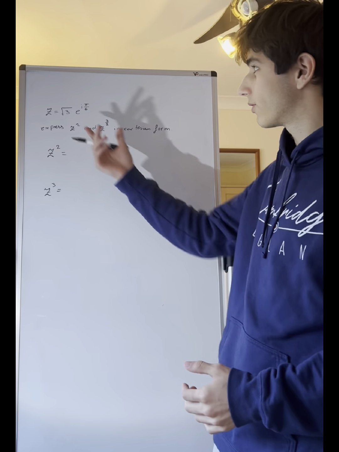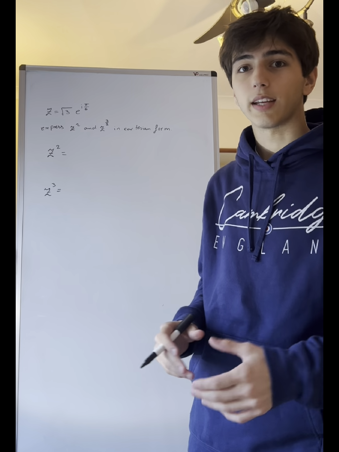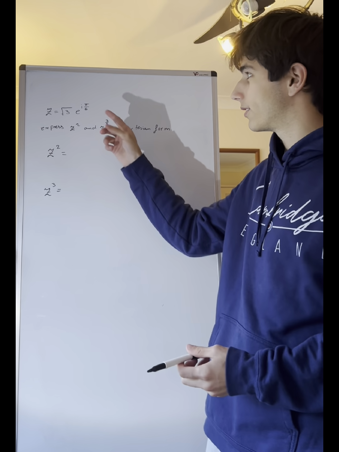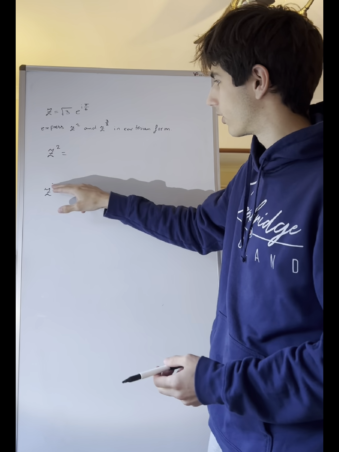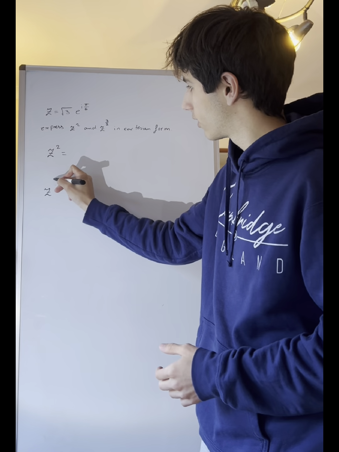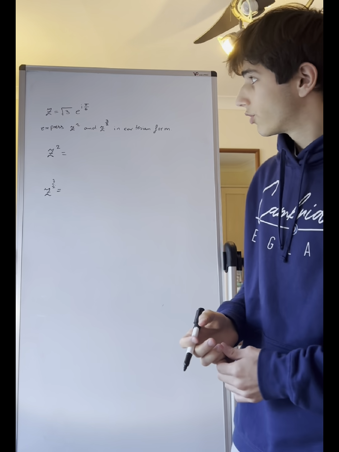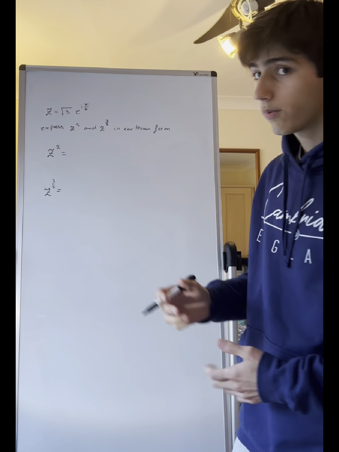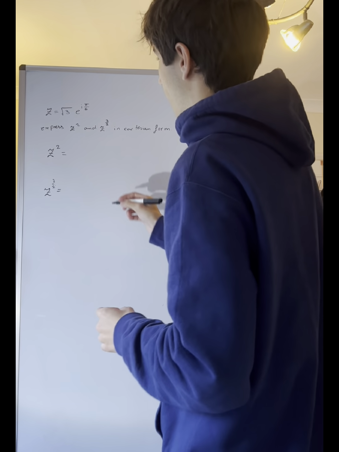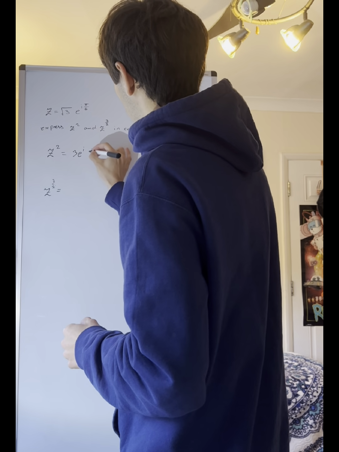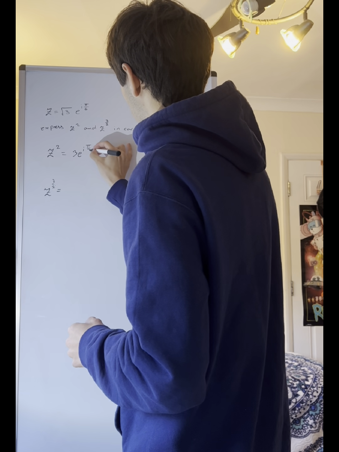But we have this complex number root 3 e to the i pi over 6, and the question is asking us to express z squared and z to the 3/2 in Cartesian form. So z squared is simple enough. We're just going to be squaring this, and that will be 3 e to the i pi over 3, right?